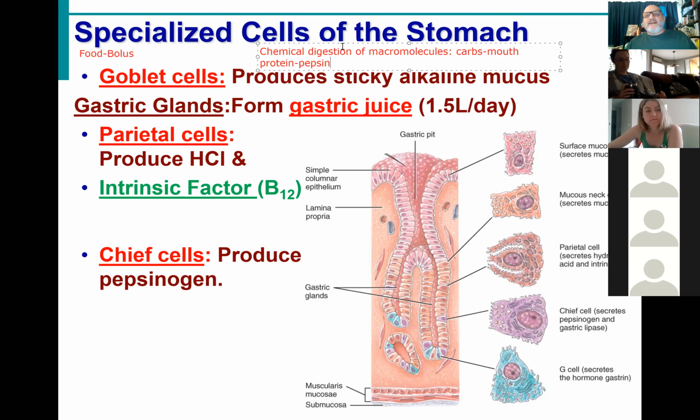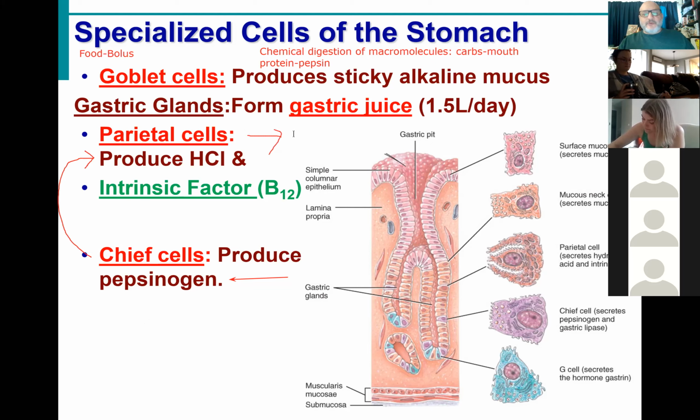So not surprisingly, these chief cells produce it in an inactive form as pepsinogen. And so it is released in that inactive form. And one of the things that activates it is the hydrochloric acid. Hydrochloric acid can activate pepsinogen into pepsin.